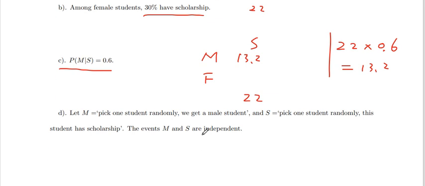And here, let's say the condition is that M and A are independent. So how can we use this information?